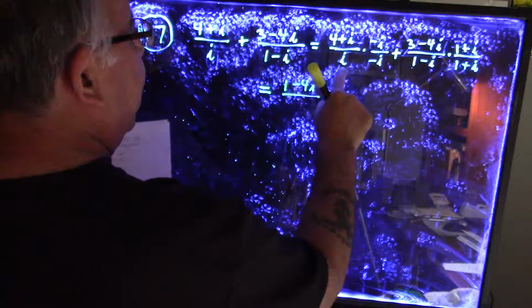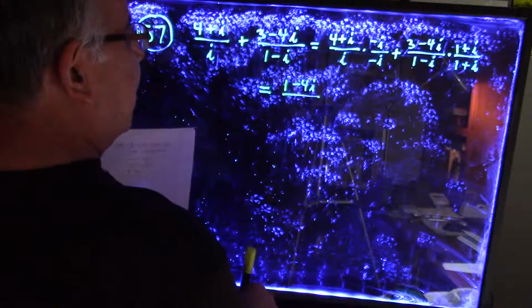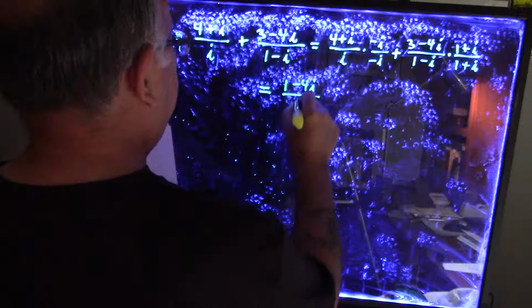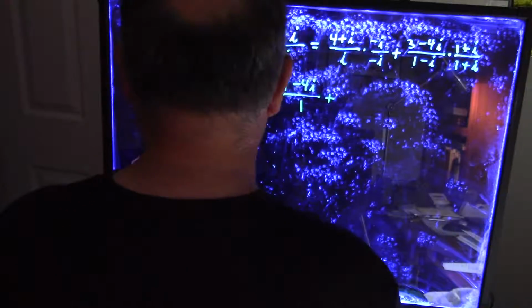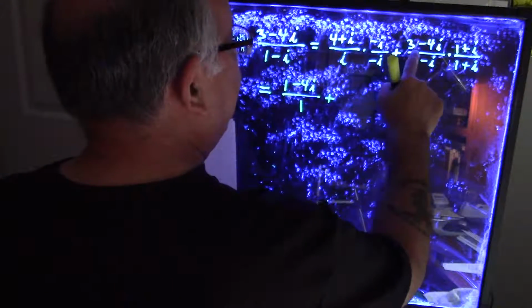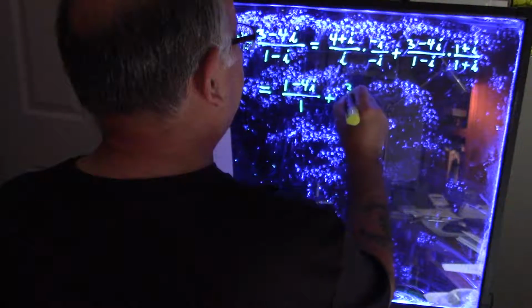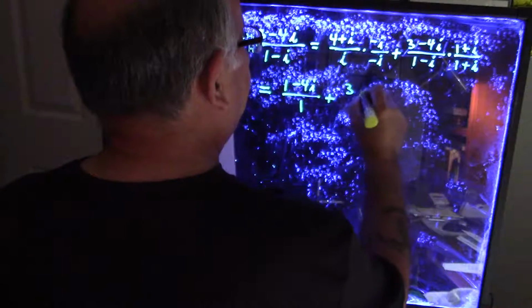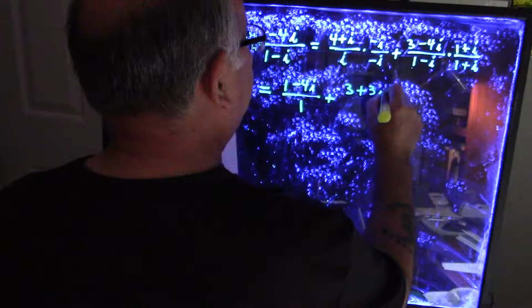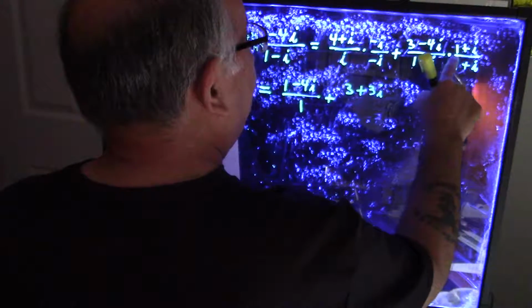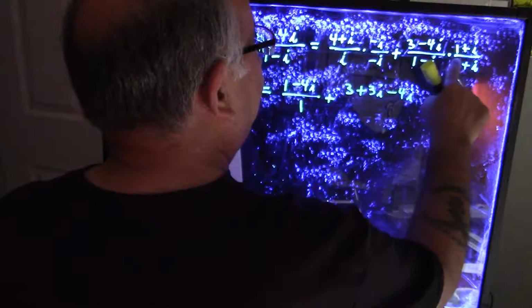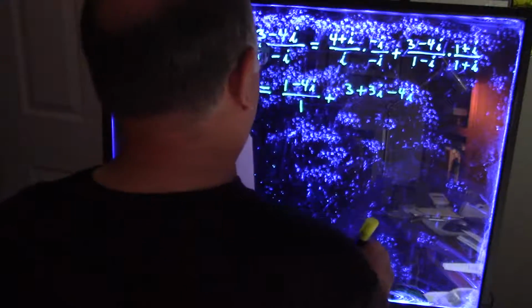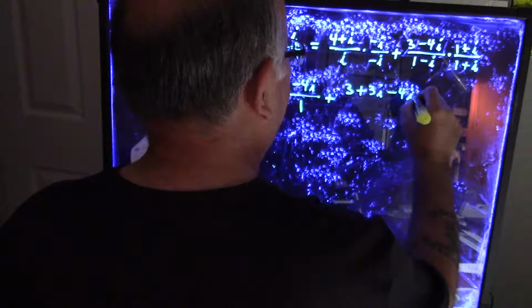And these two multiplied together gives you positive 1. So now you've got 3 times 1 is 3. 3 times i is 3i. Negative 4i times 1 is negative 4i. And negative 4i times i is negative 4i squared, which is positive 4.